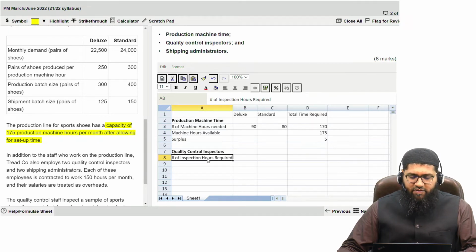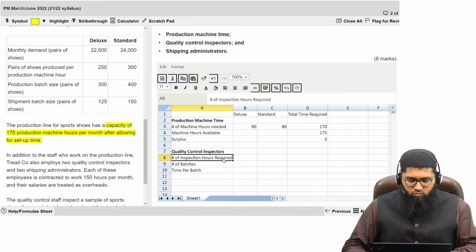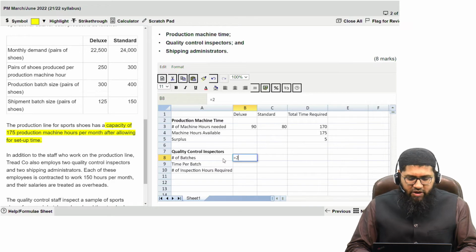So basically what happens is that number of batches, time per batch, total inspection hours required. So number of batches is gonna be 22,500 divided by 300.